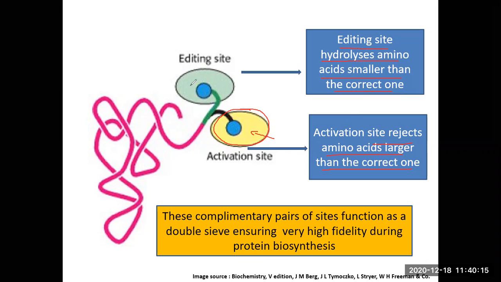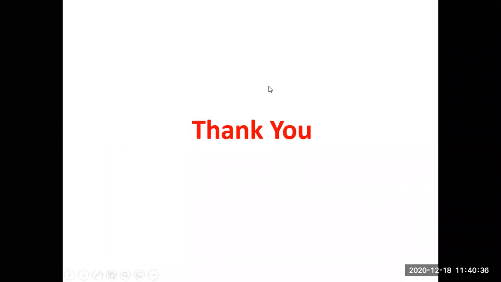They will not be allowed to enter into the process of translation. So these complementary pairs of sites function as a double sieve, ensuring very high fidelity during protein biosynthesis. Thank you.